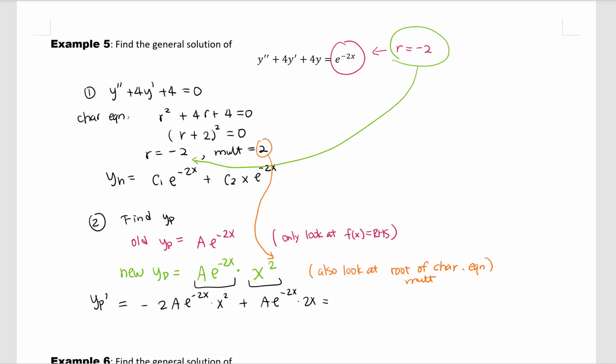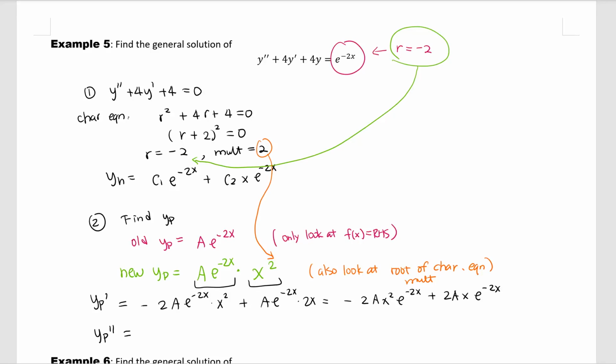So let's rewrite it. So it's negative 2a, let me put the x in front, x squared e to the negative 2x plus 2ax e to the negative 2x.